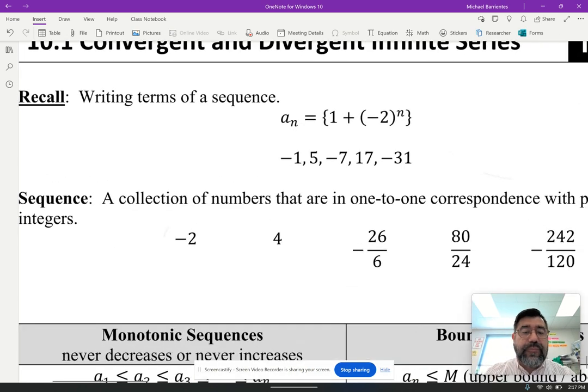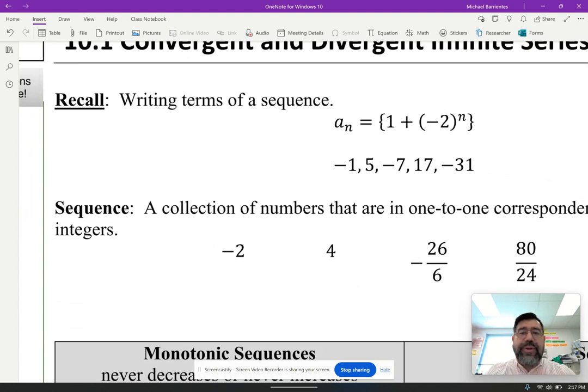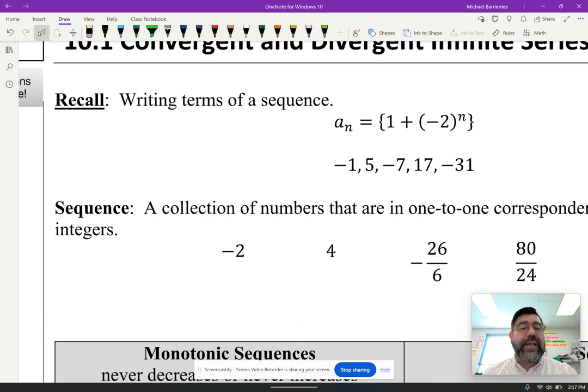So going back to your previous math classes, at some point you talked about sequences, and you talked about sequences that were given in terms of an explicit formula. Now, you don't need to know this, but this is what we call an explicit formula.